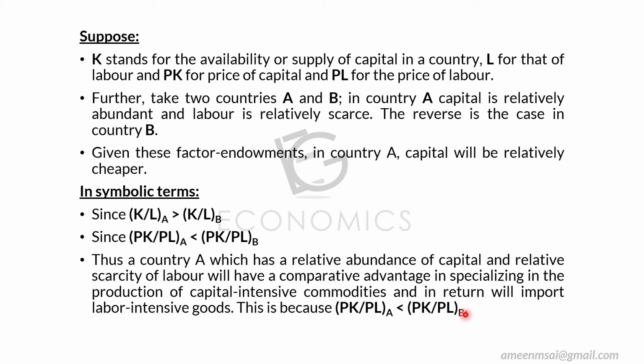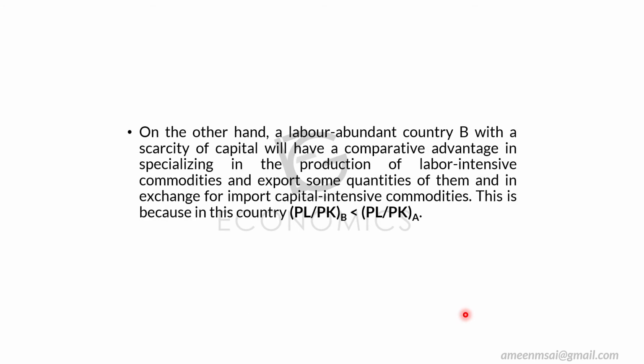So country A will produce more capital intensive goods and export them, and they will produce less labor intensive goods, as labor is scarce in their country, so they will import labor intensive goods.